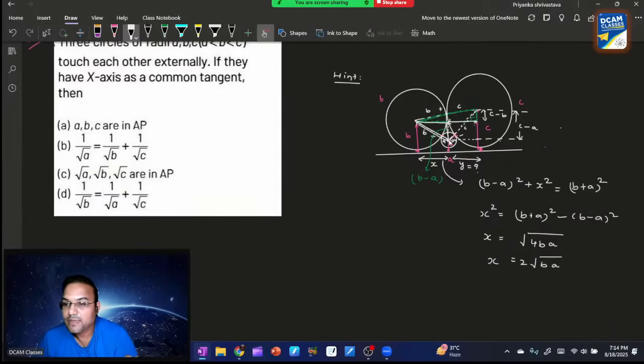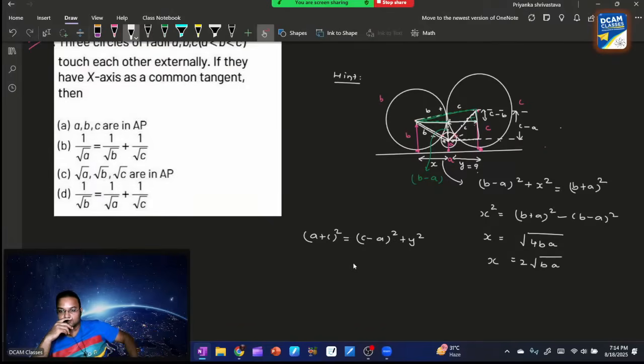Okay, I'm taking this triangle. This, this, this. And now here A plus C whole square is equal to C minus A whole square plus y square. Can I write this? Yes.